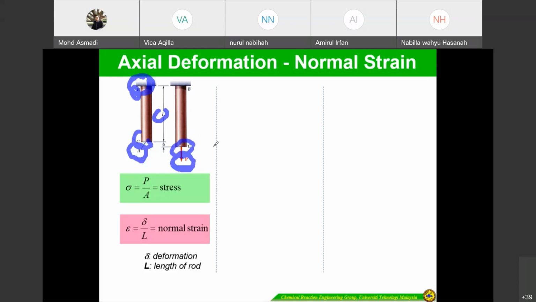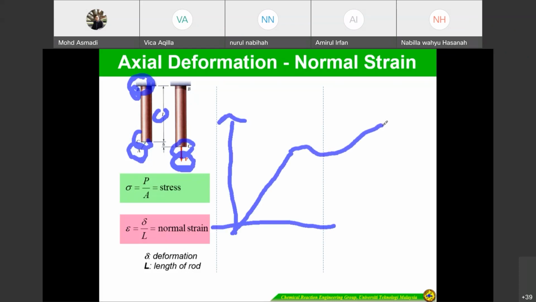So we can plot this graph. Once you pull, there is a steep rise and then it continues like this, if your material is a ductile material and not brittle.